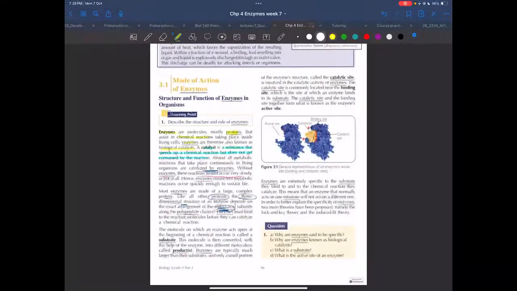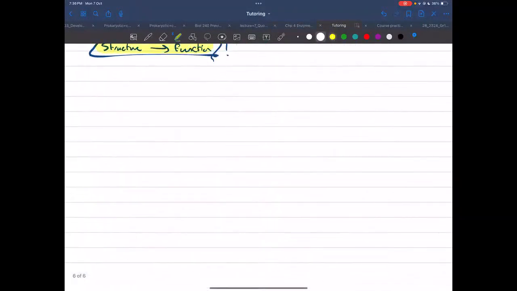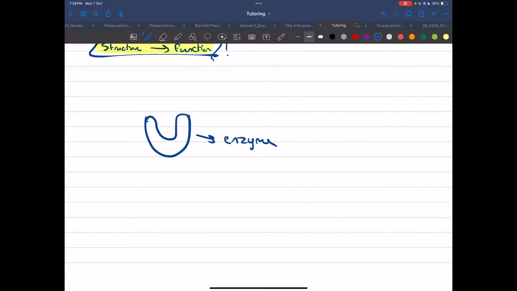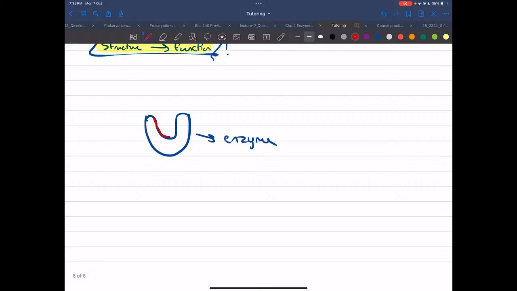I think none of you have any questions, so let's look at the structure of the enzyme: what binds to it, where the substrate binds, and all of that. So I'm going to draw, for example, an enzyme. This is going to be my enzyme. Now, what do we call this in red?